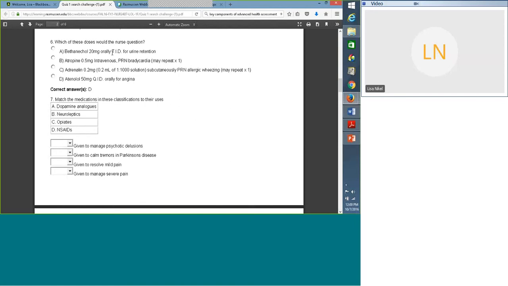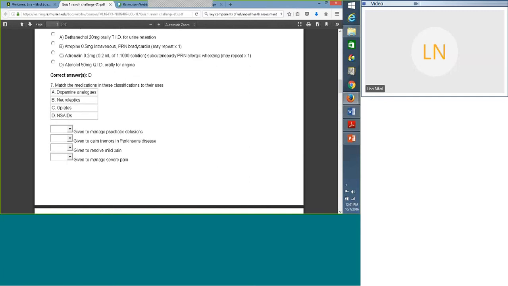So it's challenging you to look these drugs up in a drug resource and find out, is this okay? Is this too high? Is this too low? And is there something wrong with the way that this is telling me to give it? And you're questioning to see which of these might not have something 100% correct in it.